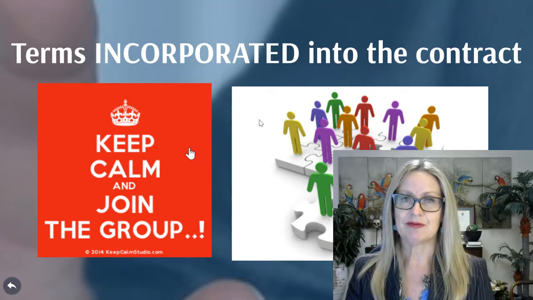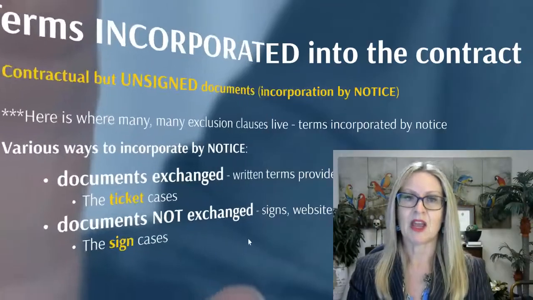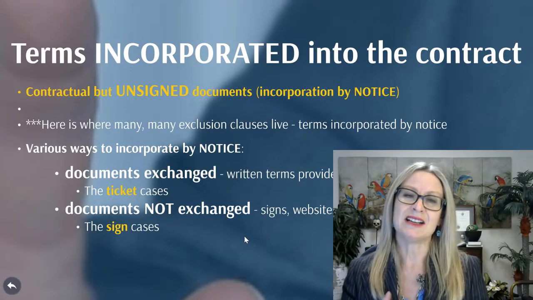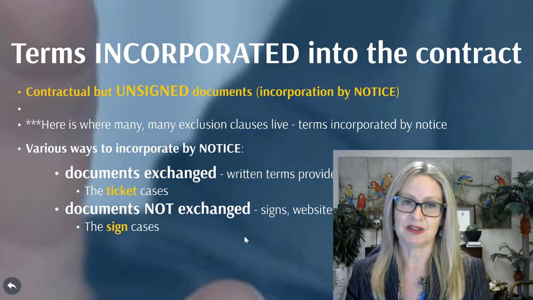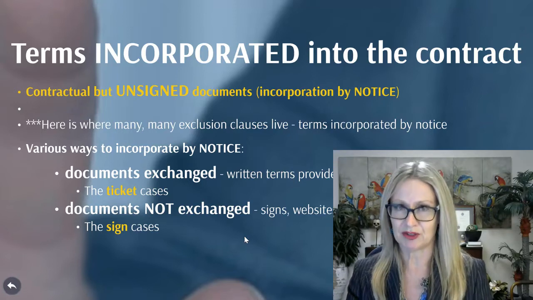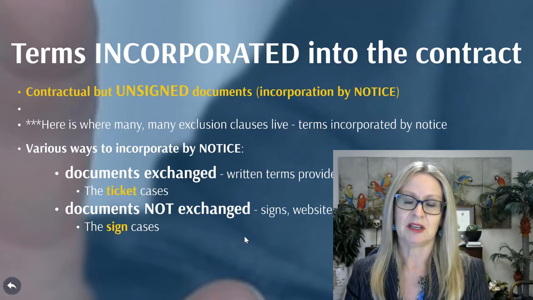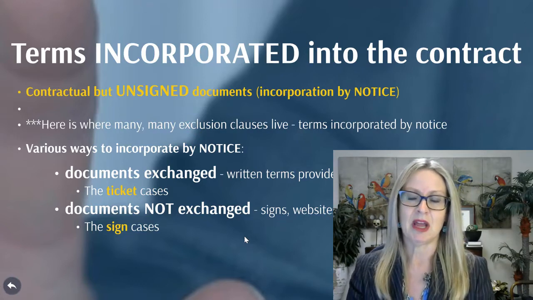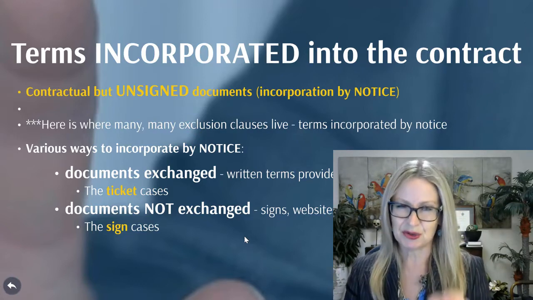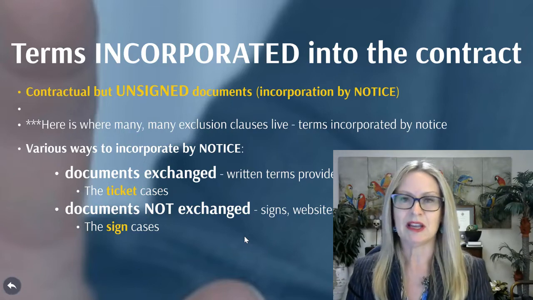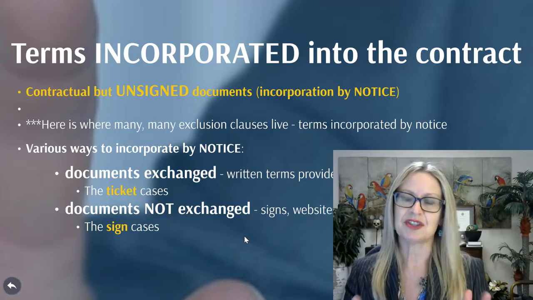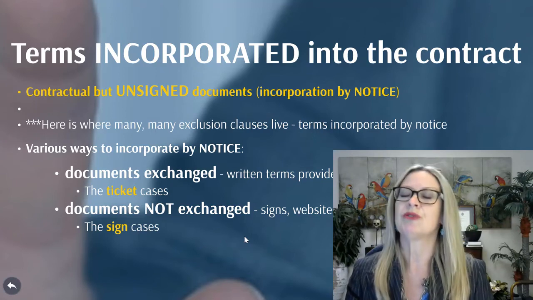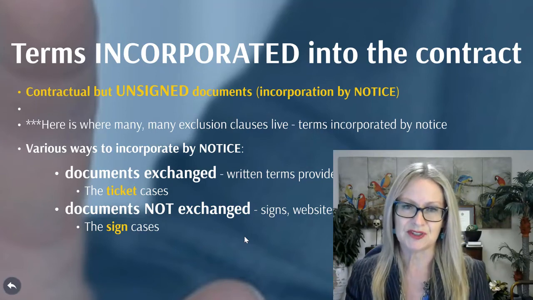Now we need to fast forward to terms incorporated into the contract by way of unsigned documents. They've still got to have some kind of contractual significance here, obviously, otherwise they can't make it into the contract as a term. But this is the true home, I think anyway, of the whole discussion about incorporated terms, the notion of incorporating a term by way of notice.